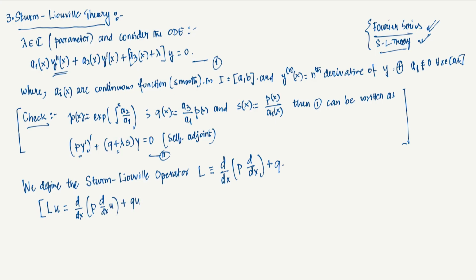This is how we define it. And then this can be written as p u prime whole prime plus q u, because du/dx is essentially u prime. So this is how we write this operator.